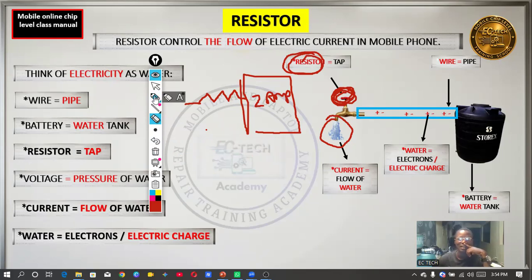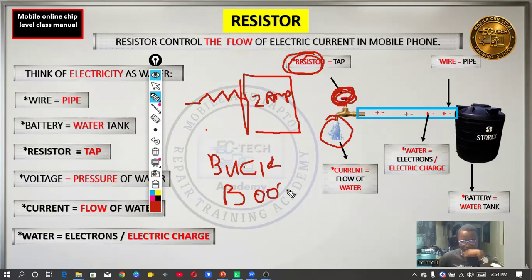And we can also use it as a pipe. You know that in our inductor class, I told you about the buck coil and the boost coil. I told you about these two.